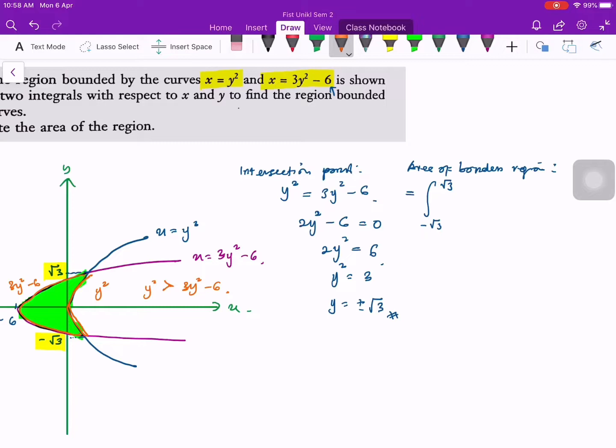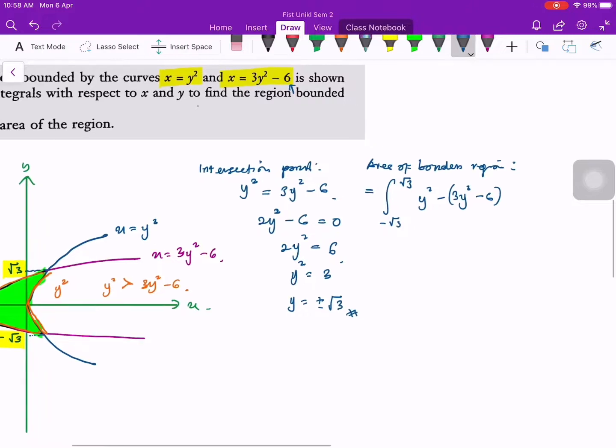Since y squared is greater than 3y squared minus 6, we take y squared minus 3y squared minus 6. I put a bracket first so that you won't make a mistake in simplifying later, because this one we should expand actually.